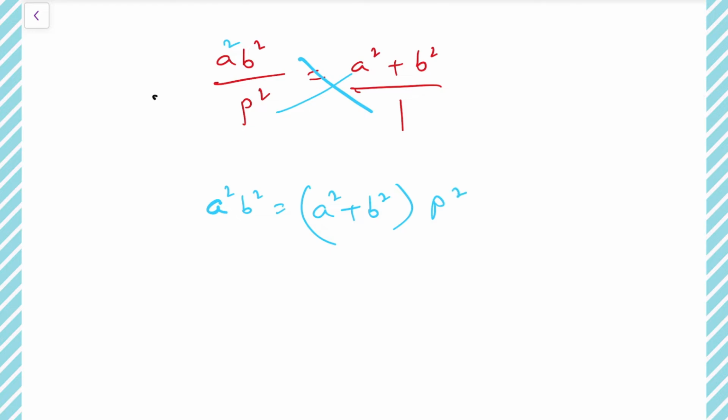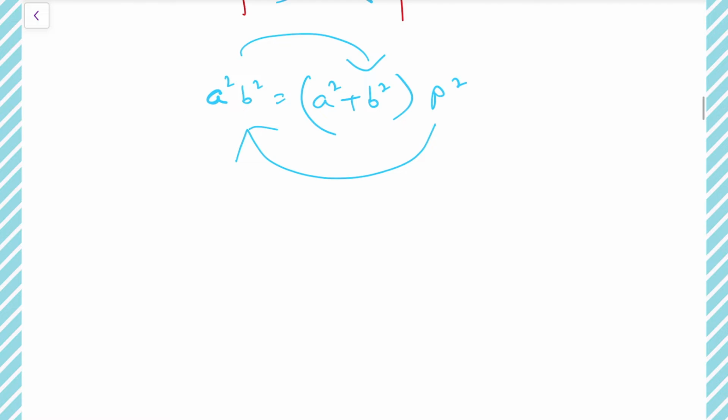Now I am taking this p square to the left side and a square b square to the right side. So what will it become then? This p square I am taking to the other side, so it will become 1 by p square, that is equal to a square plus b square by a square b square.